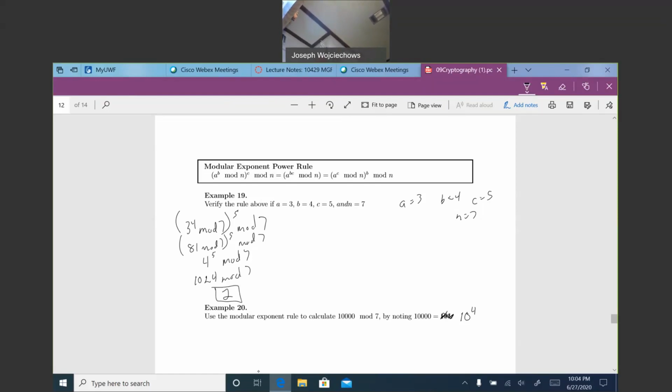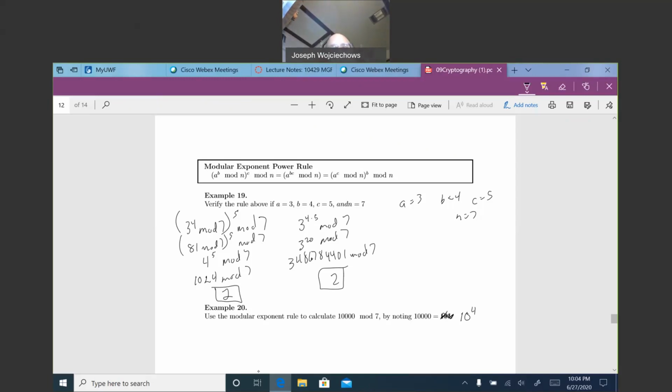Our second one, we can rewrite as 3 to the 4 times 5 power mod 7. So this is simply 3 to the 20th power mod 7. I did it the hard way. I guess we could have used the previous rule. 3,486,784,401 mod 7. And that comes out to be 2.